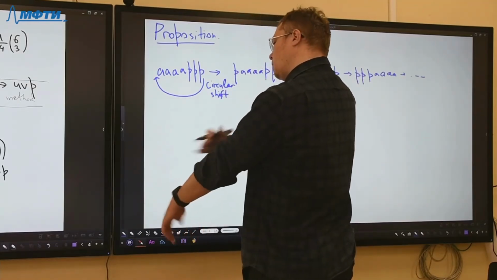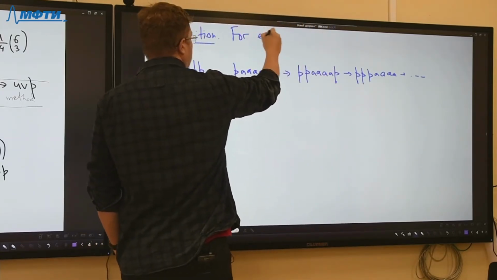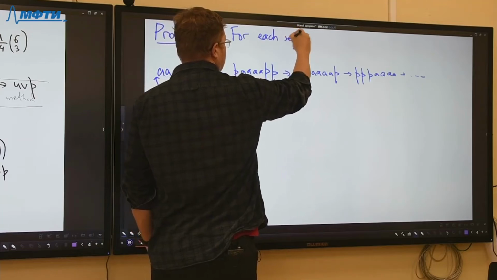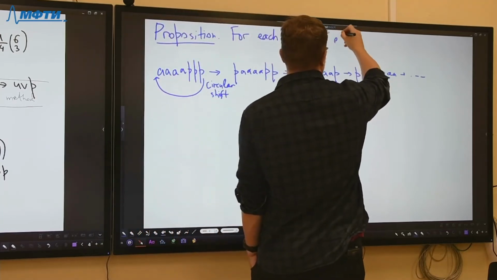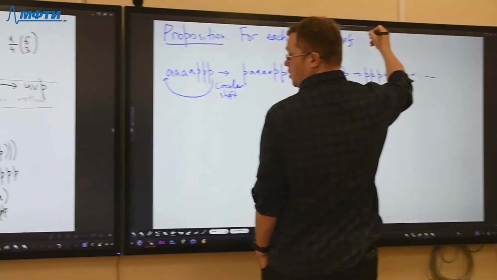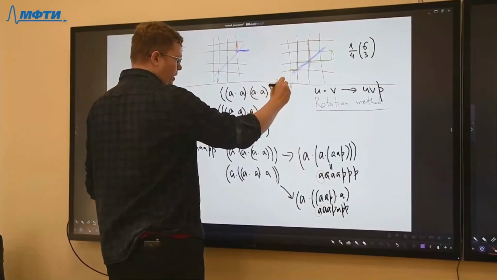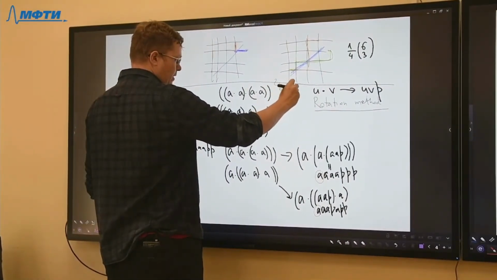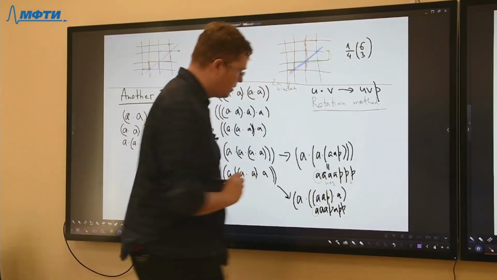So how to get this proposition? For each sequence, let's denote something. Here I have n plus 1 A's and n P's.